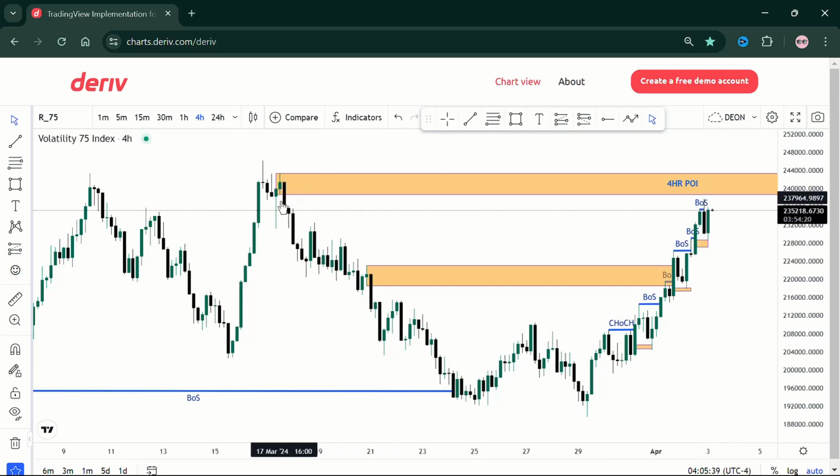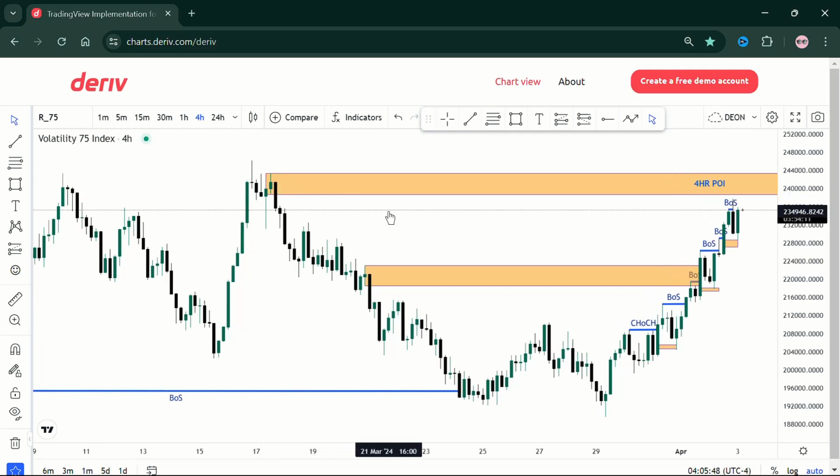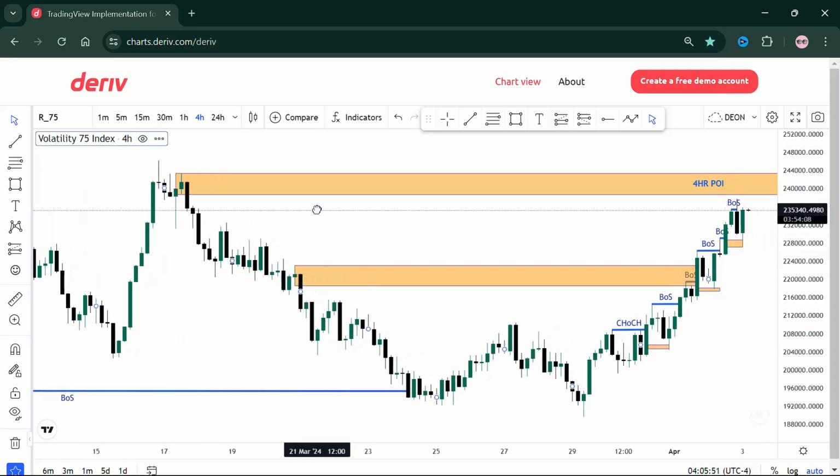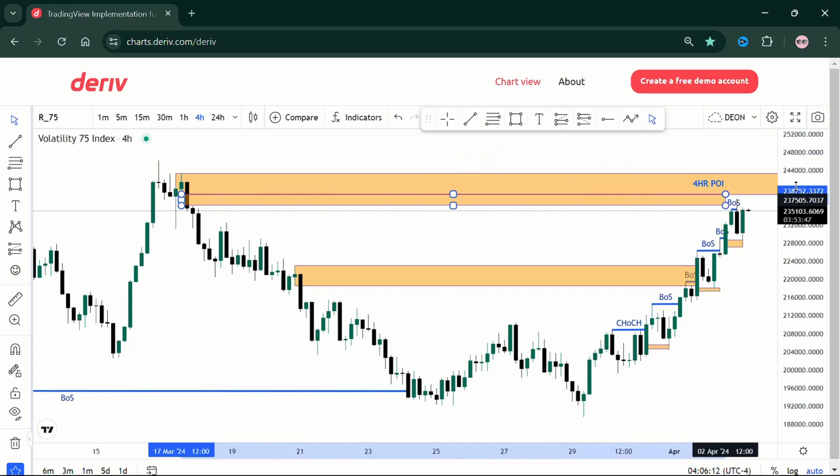This is a fair value gap on the bias time frame. So already I'm waiting for the market to tap this forward time frame POI, the bias POI I can call it, but the market first reacted to this fair value gap. Now let me do this. I'll just draw it with another color. This is a fair value gap right here.